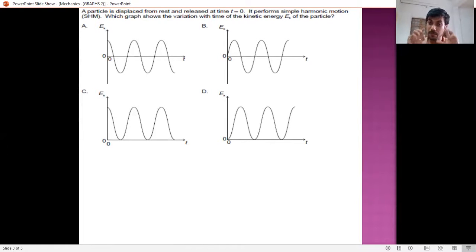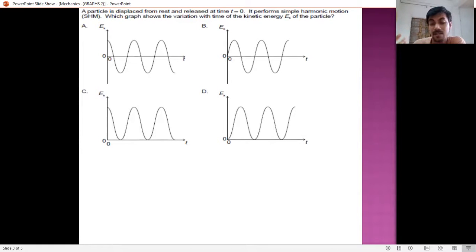Now you know that if velocity is sine or cosine, the kinetic energy would be the square of that. So you'll have to know a bit about how the sine square or the cosine square function looks. You can also find it out by just doing it mentally. You know that sine of any function varies between +1 and -1.